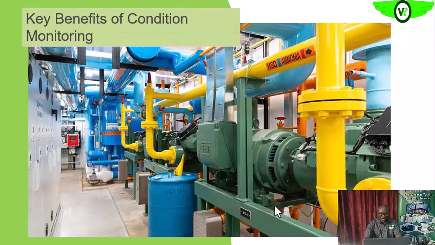So we are going to look at these condition monitoring strategies later, okay, or technologies that we can use to look at the condition of the equipment and the particular component that we can monitor with the various condition monitoring strategies or technologies.